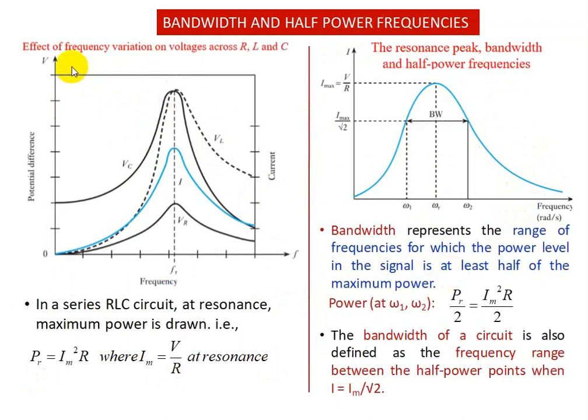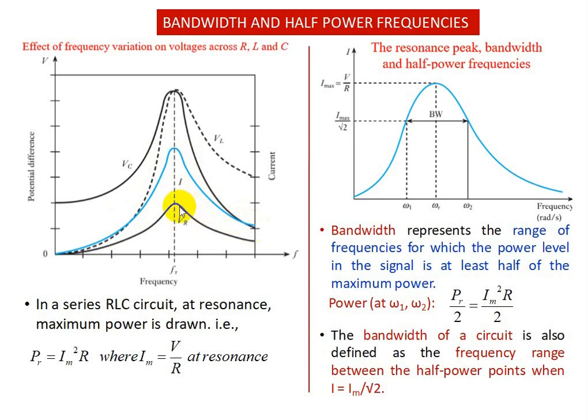Coming to the effect of frequency variation on voltage across R, L and C. So if you see this curve, the voltage versus frequency curve, current in the circuit varies like this, increases, becomes maximum value at resonant frequency, and again it reduces with the increase in frequency.